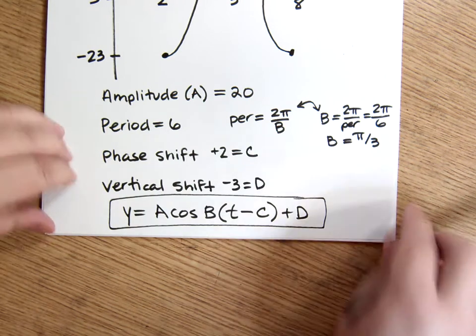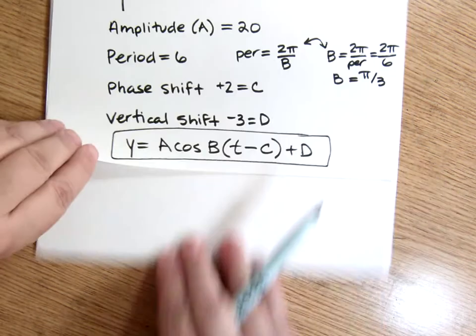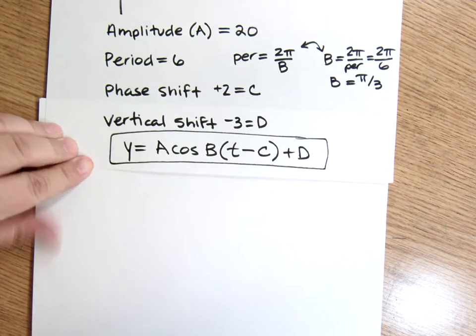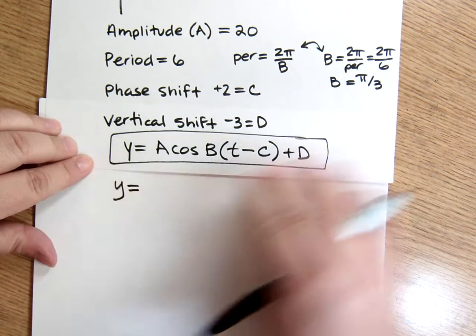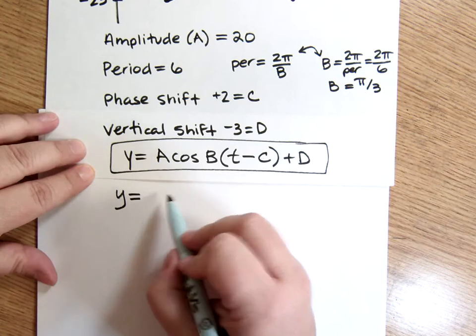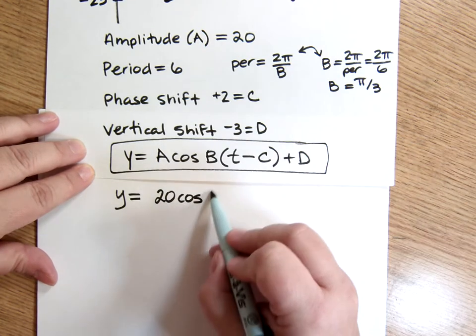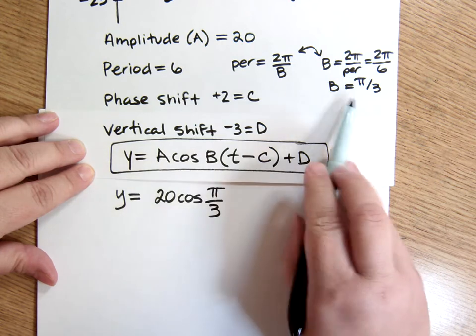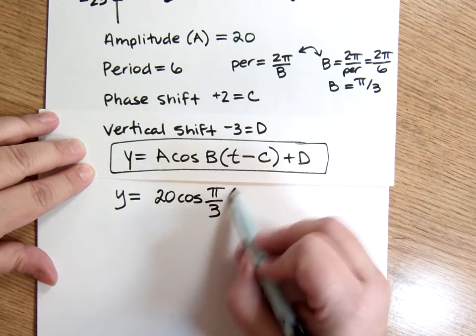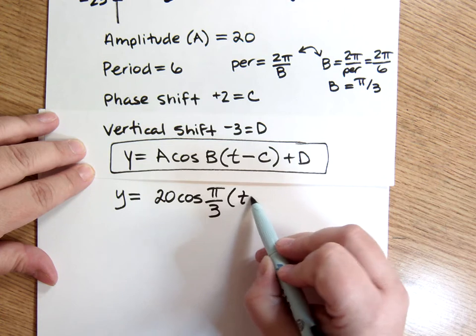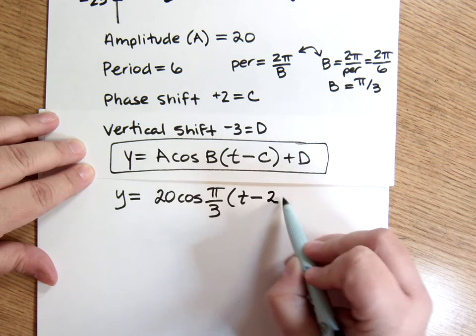So when I do that, I'll have my equation: y equals, let's put it right, 20 cosine pi over 3, that's from the b that's right over here, times t minus c is positive, so you'll see a minus, minus 2.